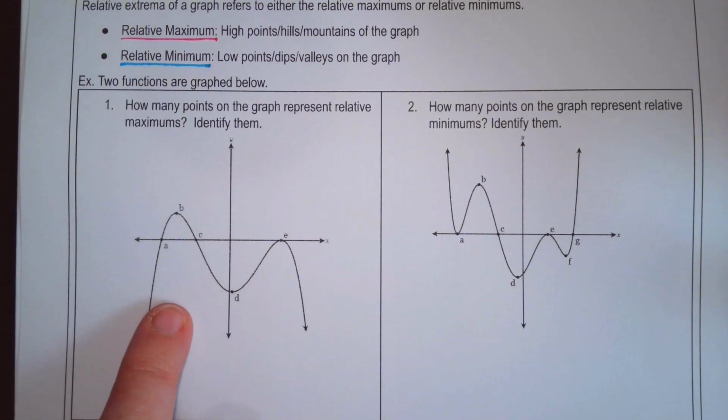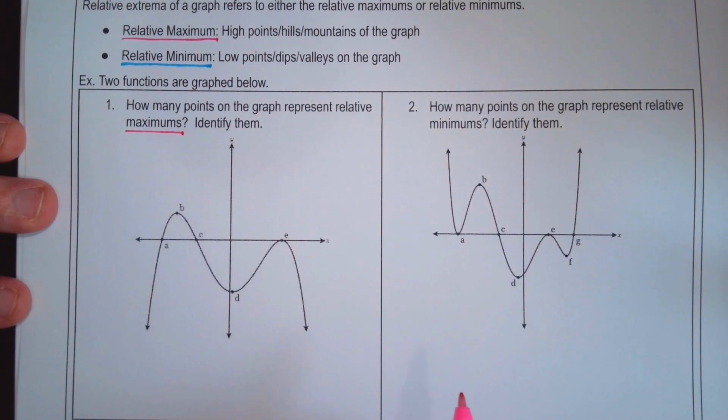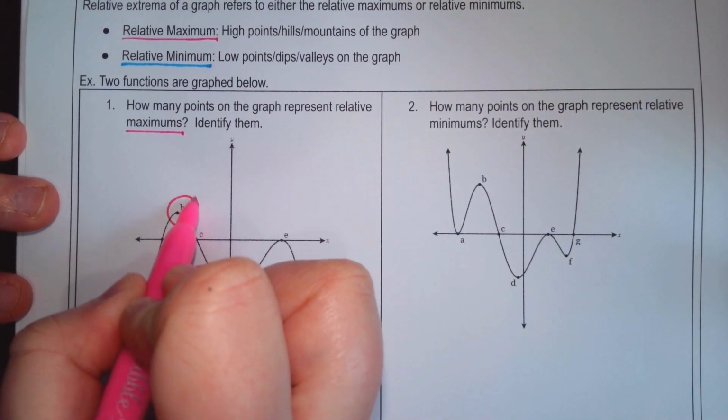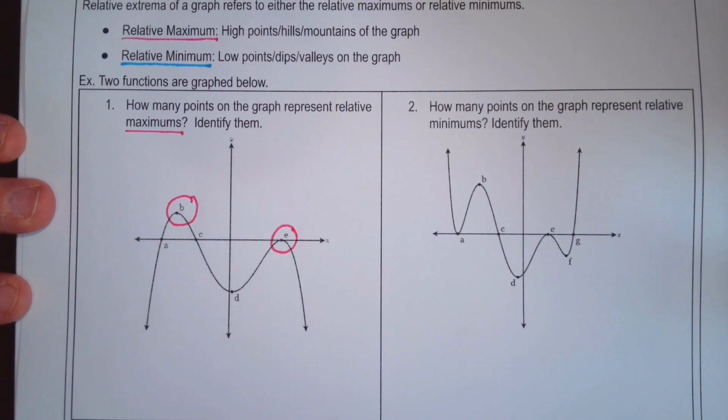So this first one, how many points on the graph represent relative maximums? And then we want to identify them. So again, maximums are high points. If I look at this graph, I have a high point here, and I have a high point here. So we're identifying all the high points, not necessarily the one that is the highest.